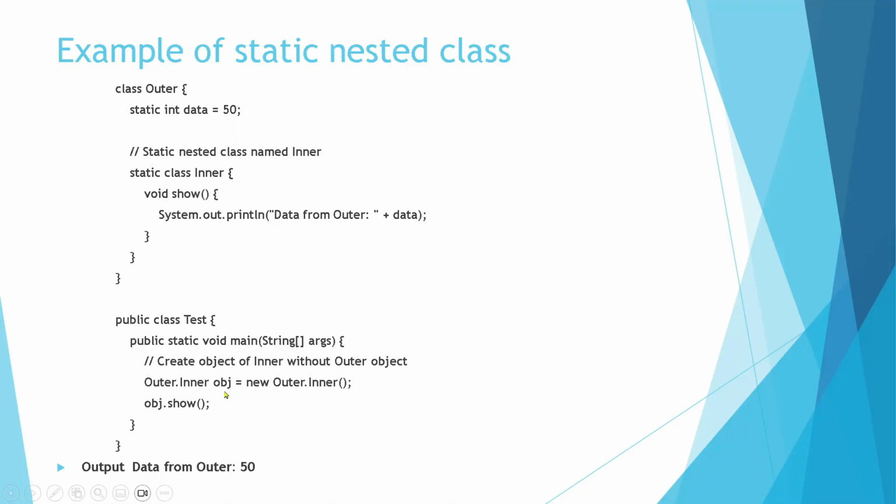You can give any object name as per your choice. I have given the name as obj is equal to new Outer.Inner. And again, by using this object, the show method is called. The show method contains a print statement which is used to display the value of the data variable.